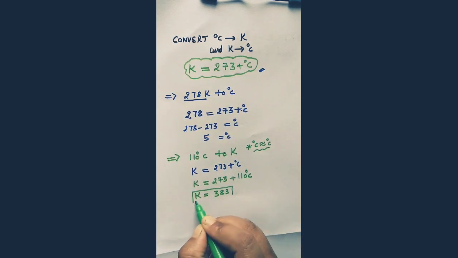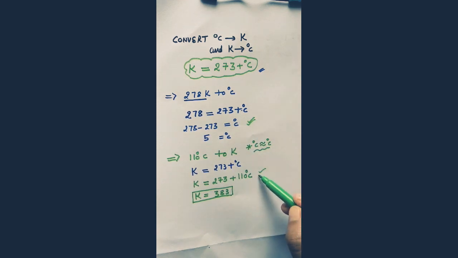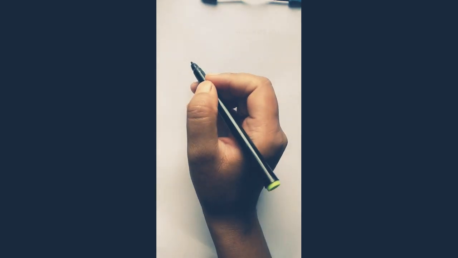Now the temperature in Kelvin is 383 Kelvin. By using this formula you can simply calculate the value in degree Celsius and temperature value in Kelvin. For the conversion of Celsius to Kelvin and Kelvin to Celsius, we have another way.